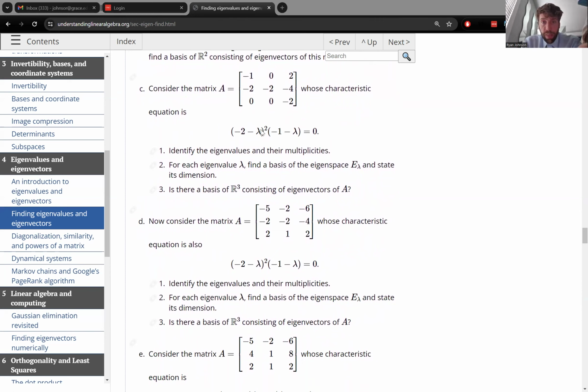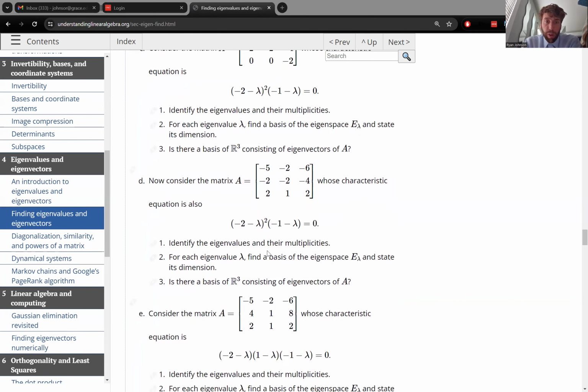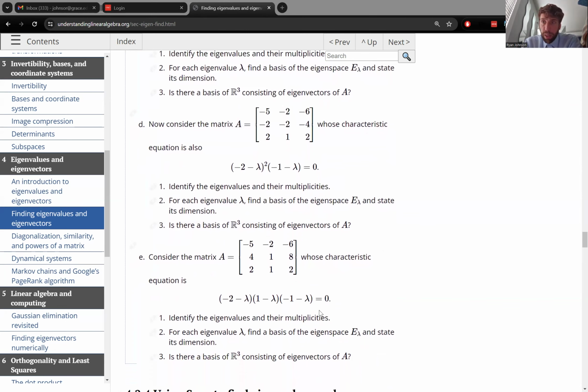They gave us the characteristic polynomial, so you didn't have to factor a degree 3 polynomial, but you would have to find the null space for each eigenvalue. For part C, you get a repeated eigenvalue of -2. Same for part D. For part E, you get 3 distinct eigenvalues.